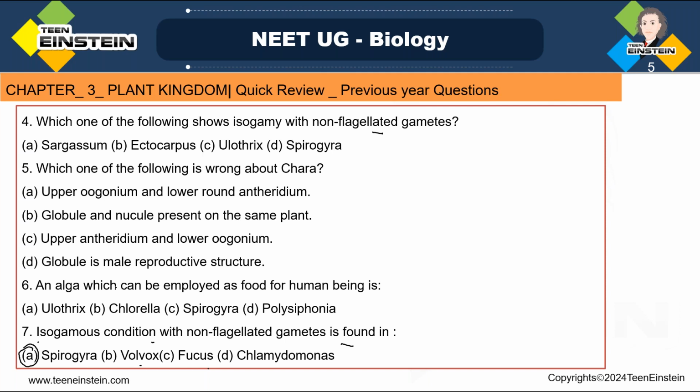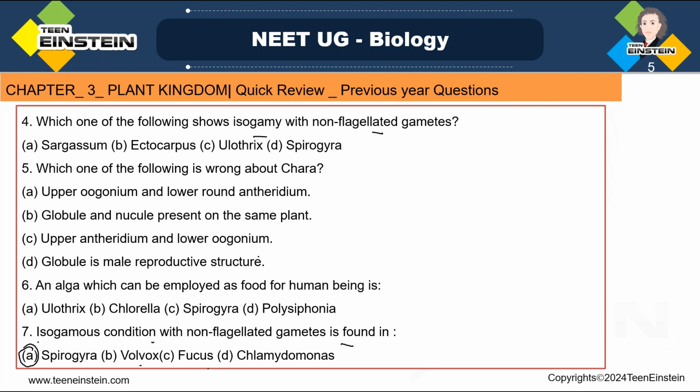So this question is repeating. Such types of questions, like isogamy, non-flagellated or flagellated, you can expect. So in the isogamous condition, sexual reproduction in Spirogyra takes place through conjugation, as we have already told. And the gametes which are produced are non-flagellated and morphologically similar, right? But physiologically they are different.